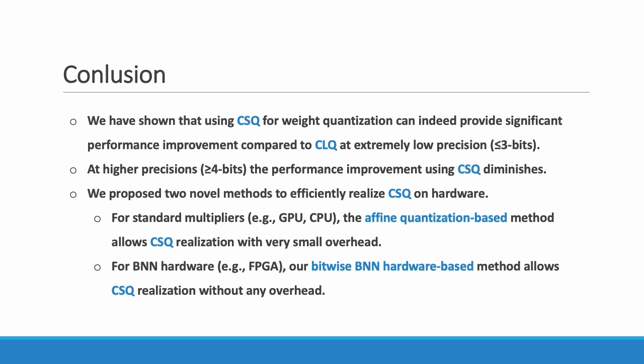Secondly, we propose two methods for efficient realization of CSQ on hardware. The first method is for standard multipliers using affine quantization. This allows CSQ realization with a very small overhead. And the second is for BNN hardware, which allows CSQ realization with almost no overhead.